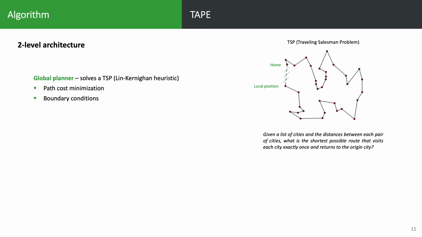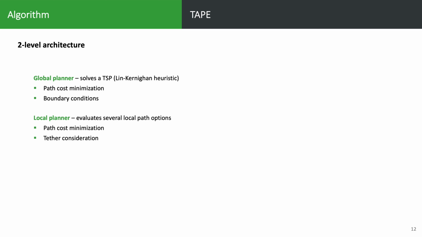Our two-level architecture employs a global planner that will solve a traveling salesman problem. It is responsible for path cost minimization and for respecting the boundary conditions. The local planner will evaluate several local path options. It will try to minimize the path cost as well and consider the tether configuration.